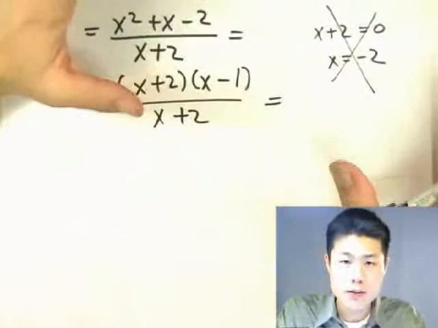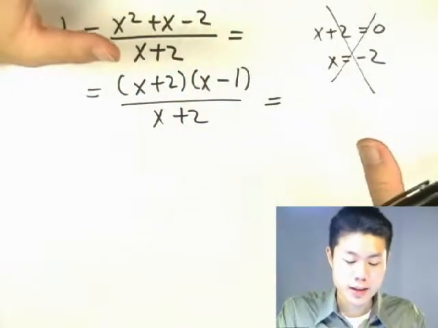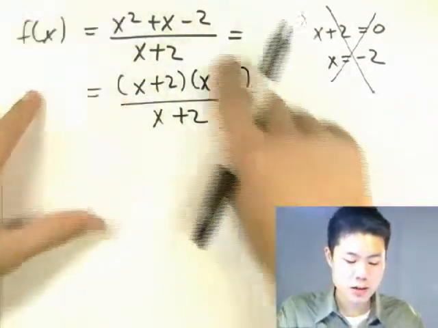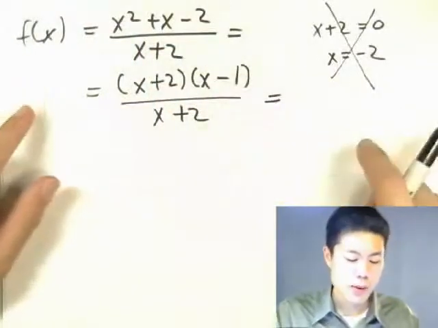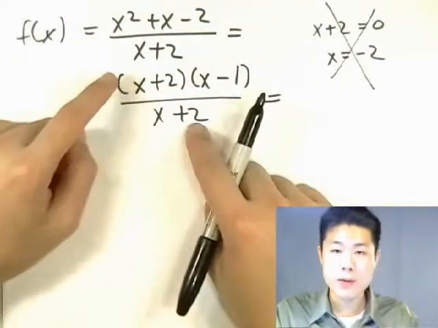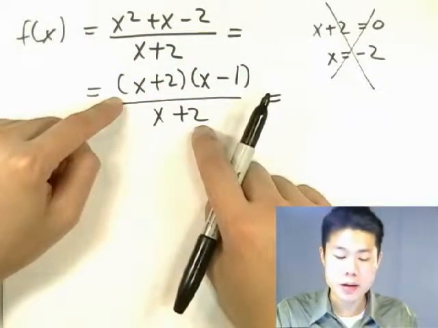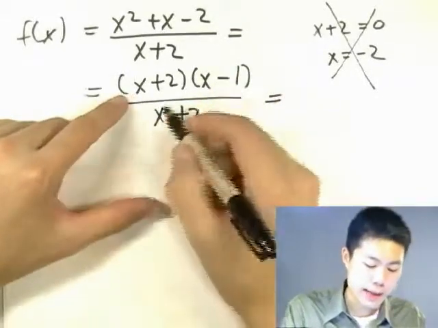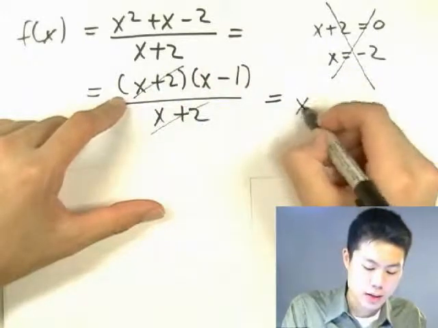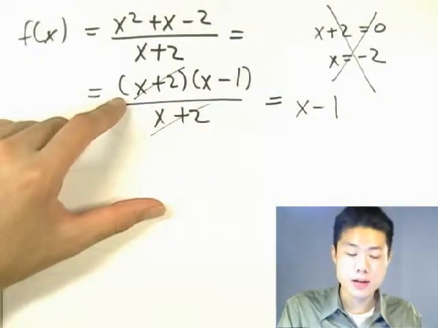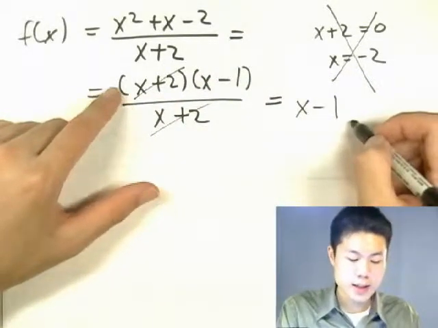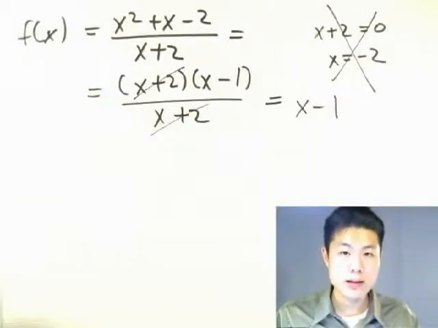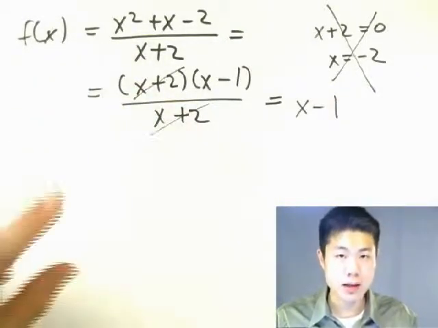So the definition of a removable discontinuity is a rational expression where the numerator and the denominator both contain a common factor which can be cancelled out. So once you cancel it out, we get this thing here. In a sense, we removed the discontinuity by cancelling out like terms.